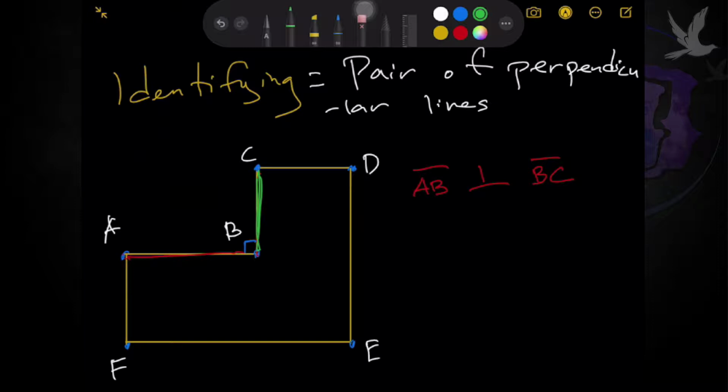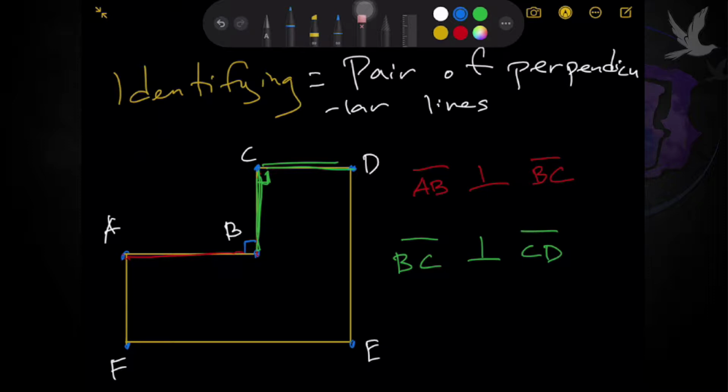What you can make use of is BC and a different line, which is CD. Because if you can see, we have another formation here, this angle. So, therefore, we can write now, line BC is perpendicular to line CD. Okay? That's how basic the identifying is.